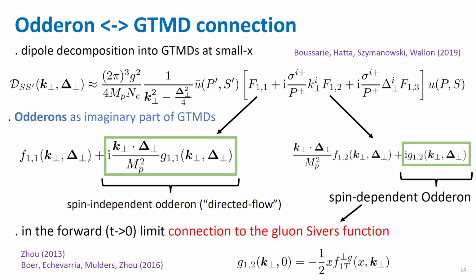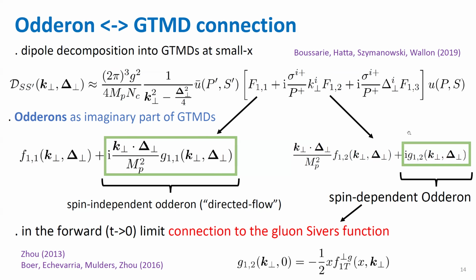The main point of this work was to emphasize that there is not just one Odderon; there are in fact 3 Odderons coming from the imaginary part of each of these functions. The imaginary part of F11, usually called G11, is the so-called spin-independent Odderon. Usually this is the one that's considered in most cases in dipole models, and you can appreciate it as a kind of directed flow due to this cosine correlation.